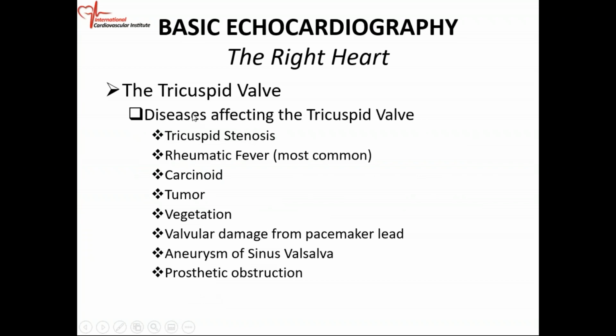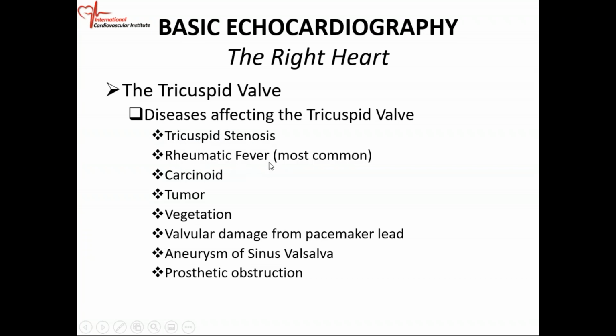Some diseases can affect the tricuspid valve. You can get tricuspid stenosis. Carcinoid is one of the things that can give rise to that, which would be acquired tricuspid stenosis.